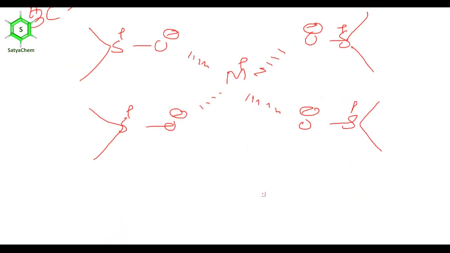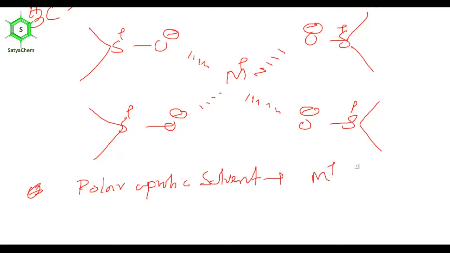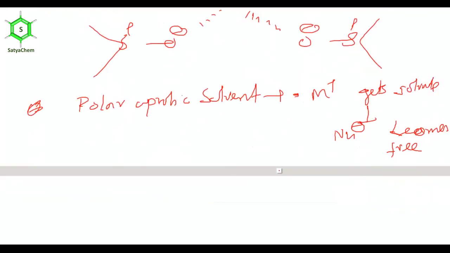So in case of polar aprotic solvent, M plus gets solvated. The result is that the nucleophile becomes free, meaning the reactivity of the nucleophile will increase.